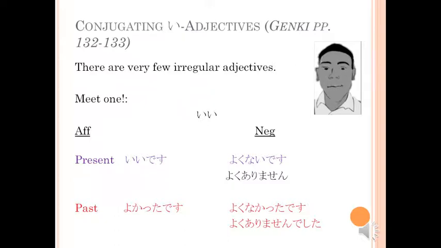For the past affirmative, we say yokatta desu. The past negative is either yokunakatta desu or yoku arimasen deshita. Again, the conjugation stays the same. It's the stem that changes for this irregular adjective. Wakarimashita ka? Ah, yokatta desu.